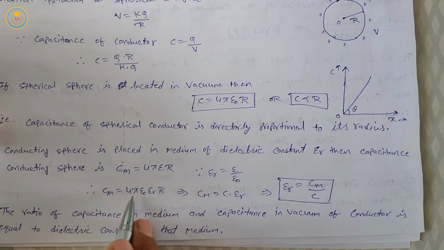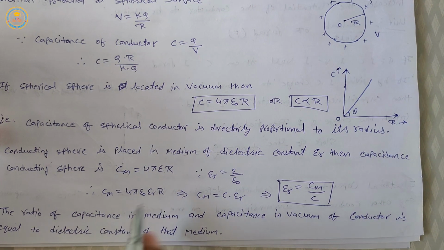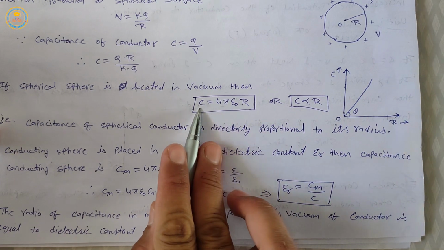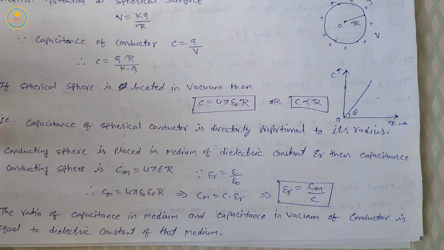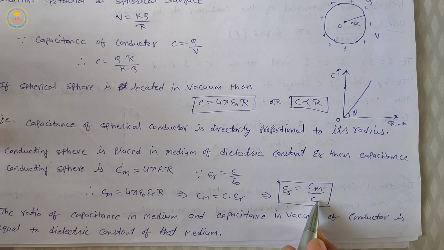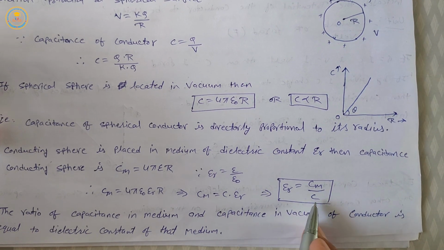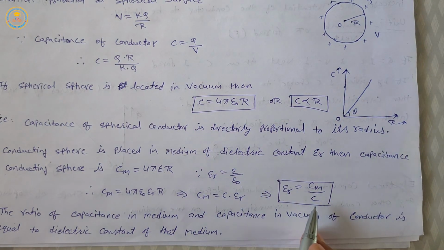Then Cm is equal to 4 pi epsilon naught epsilon r into R. But the value of 4 pi epsilon naught into R is equal to C, so putting this value in this equation, we get Cm is equal to C into epsilon r. From this equation, epsilon r is equal to Cm upon C. Here Cm is the electrical capacitance in medium and C is the electrical capacitance in vacuum.